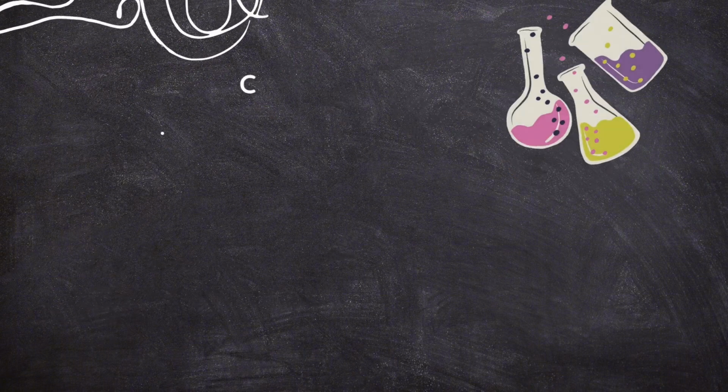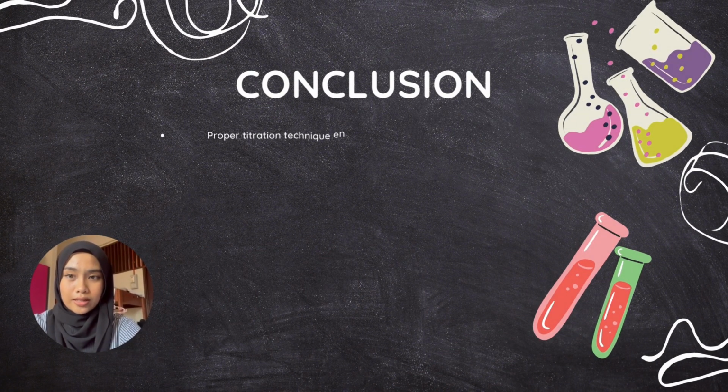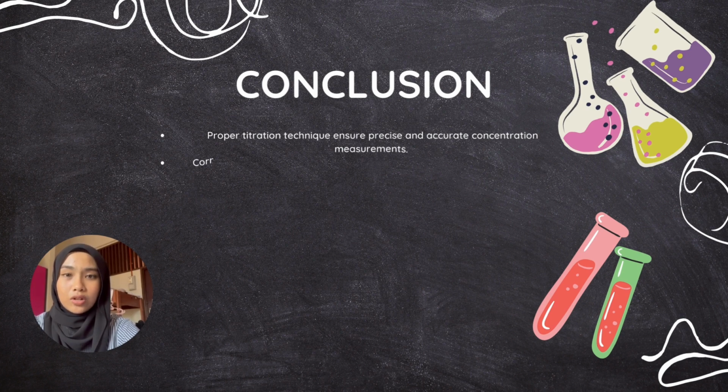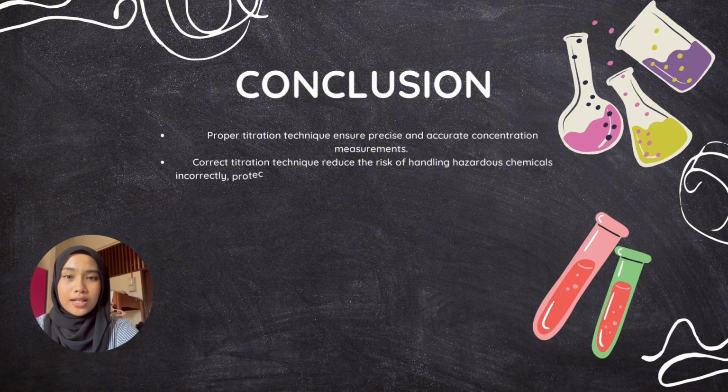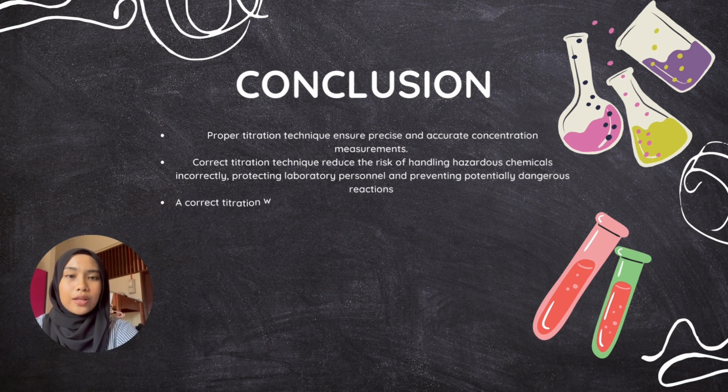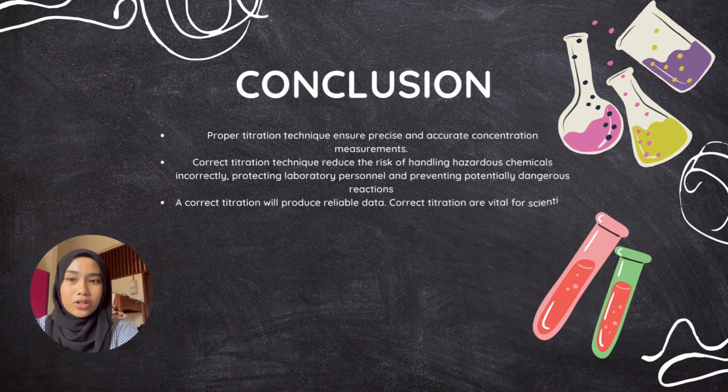Lastly, the conclusion of the presentation. The proper titration technique ensures precise and accurate concentration measurement. A correct titration technique reduces the risk of handling hazardous chemicals incorrectly, protecting laboratory personnel and preventing potentially dangerous reactions. A correct titration will produce relevant data.